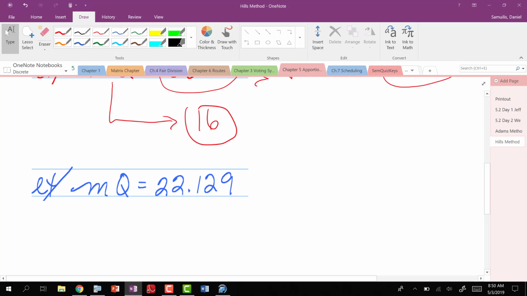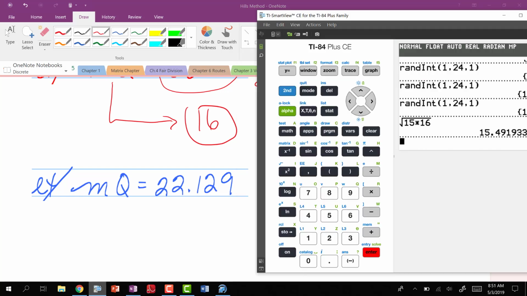Just another example, 22.19, pretend that's another state that you have on your chart. Well, that is between 22 and 23. And all you have to do is take the square root of 22 times 23 and look at that product.